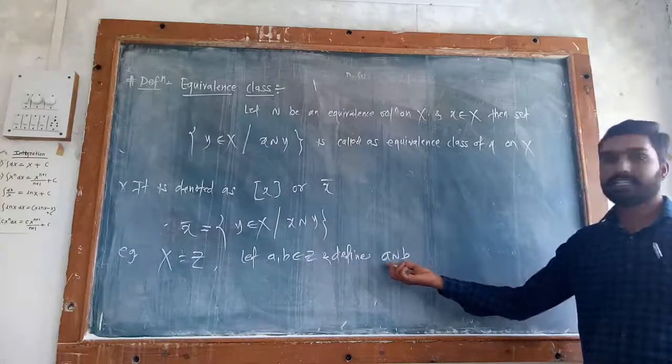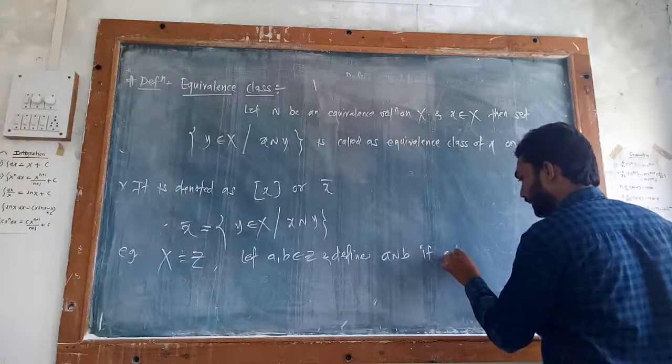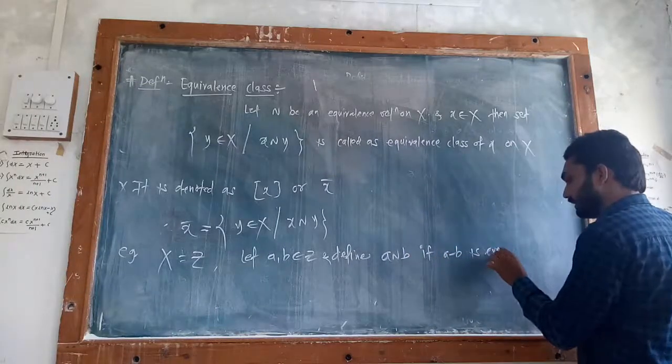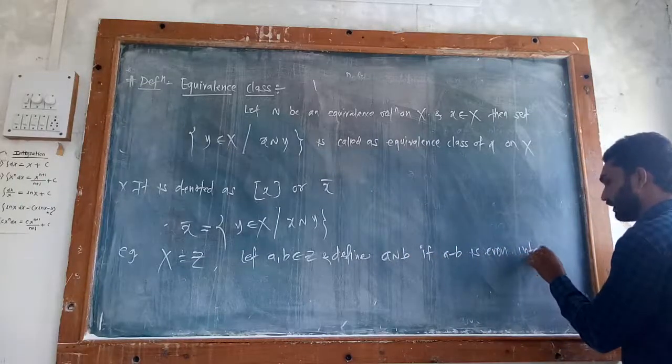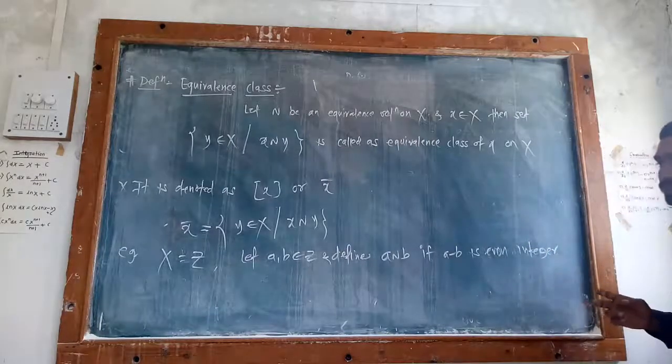We define an equivalence relation A equivalent with B if A minus B is an even integer. Okay.